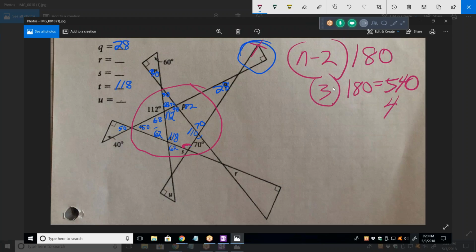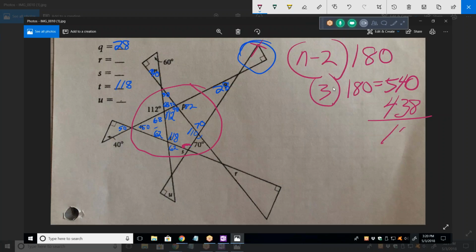I get 438 when I add them all up. What did you get? 438. Yeah, that's what I got the second time I did it. Okay, so subtract 438 from 540, and that gives you that fifth angle.